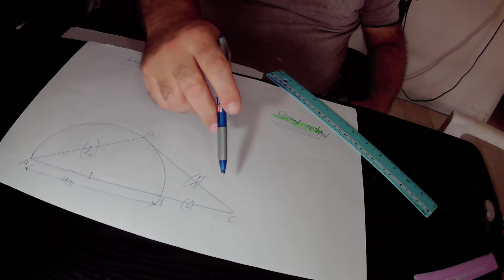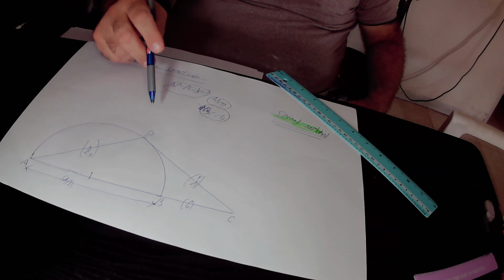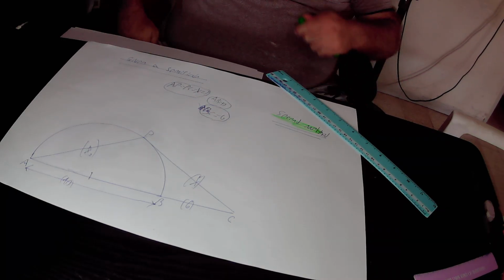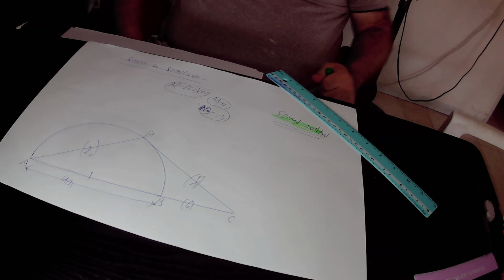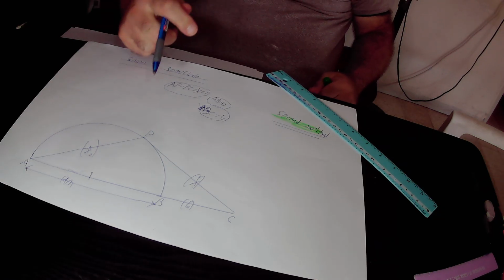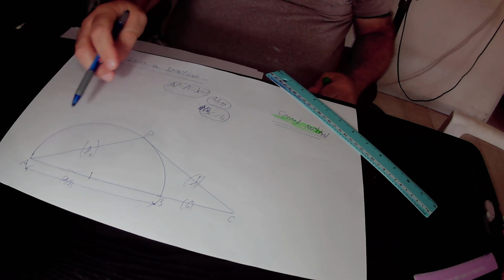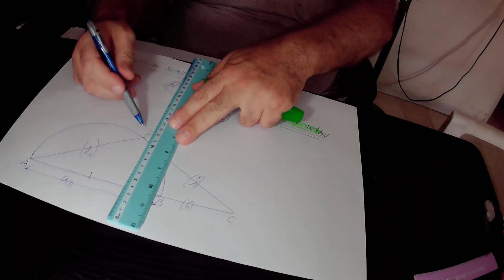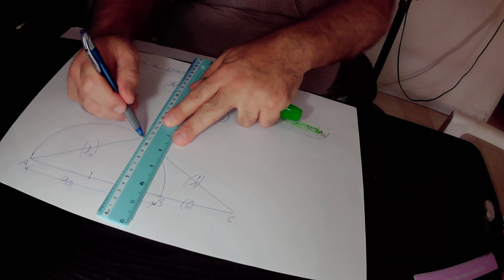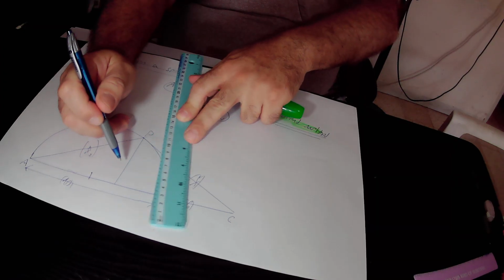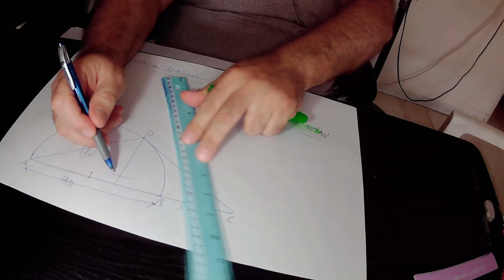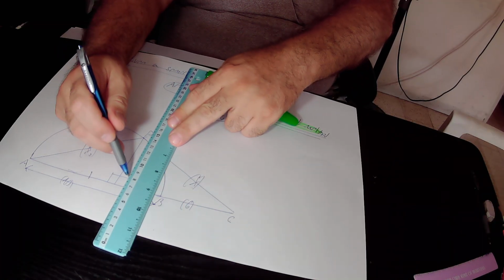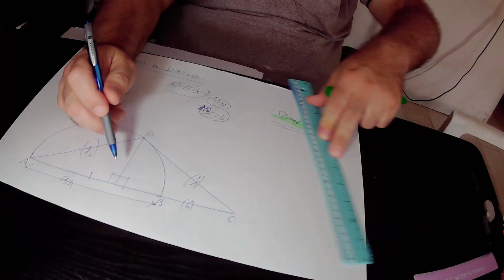Triangle APC is an isosceles triangle because side AP equals side PC equals x. So, according to the rule that I mentioned, from the vertex P, we draw a perpendicular on AC. So actually, this angle equals 90 degrees, and this angle also equals 90 degrees according to our construction.